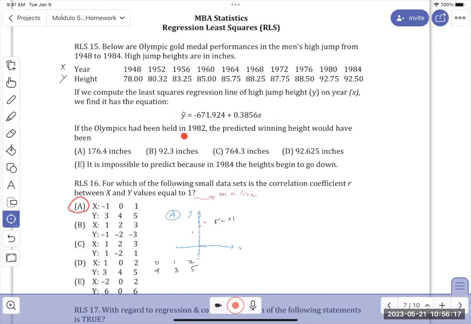So if the Olympics had been held in 1982, so there was no Olympics in 1982, use the line to predict the height that would win. So we have to put in here 1982 and make the equation for Y hat.